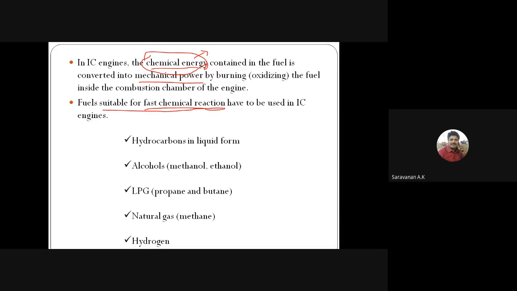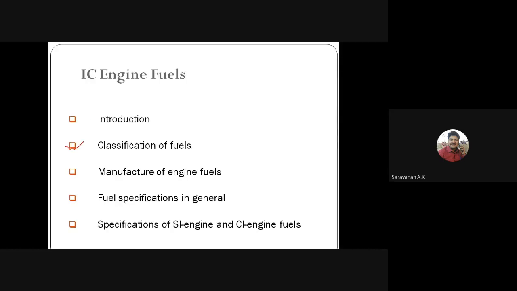So then the classification of the fuels, right? The general classification: whatever the fuels may be, they have some hydrocarbon elements. So liquid fuels contain carbon and hydrogen molecules. Depending upon that, the liquid hydrocarbons are subdivided into many, that is the alkanes, paraffins, alkenes, and aromatics.